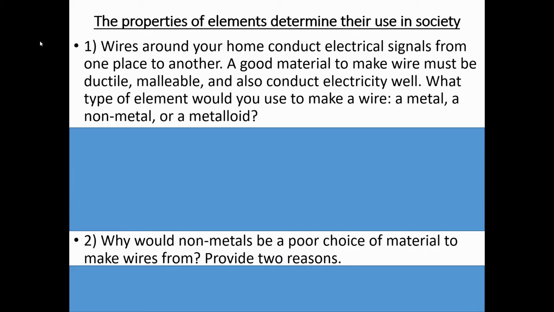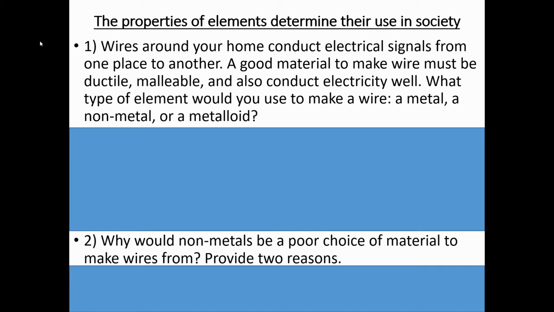So another very important characteristic I need you to understand about these classes is that the properties of the elements that we study will determine what we use them for in society. So for example, let's say we want to make a wire, right? Wires around the home, they conduct electricity from one place to another. So a good material for a wire would have to be ductile, so you could stretch it into wire, malleable, and also be a good conductor.